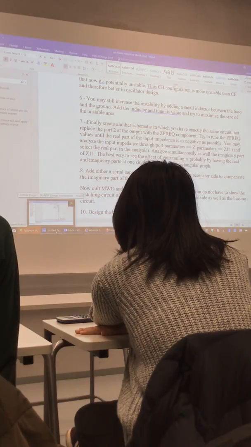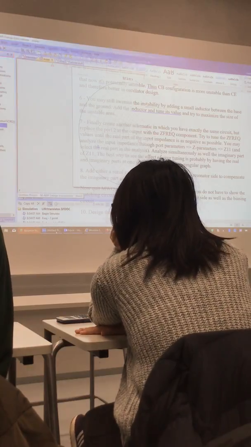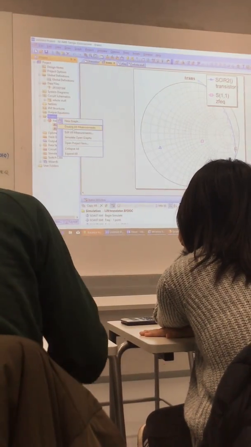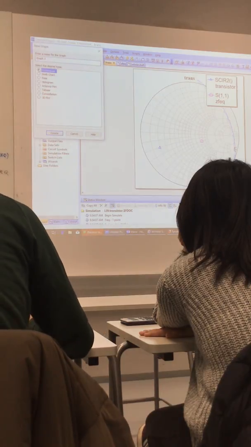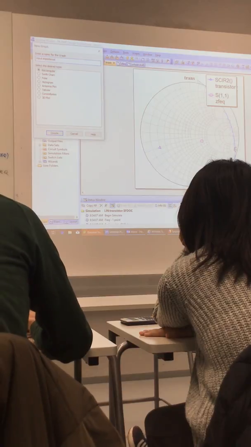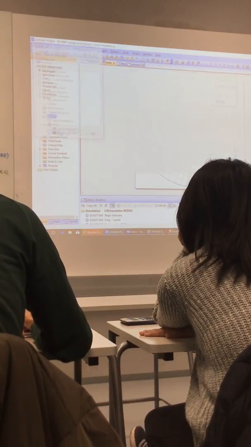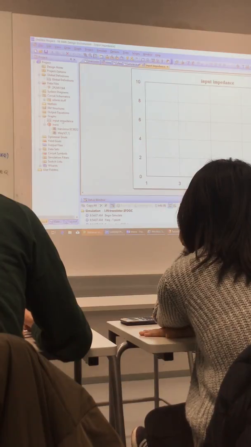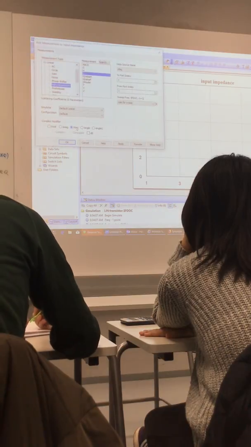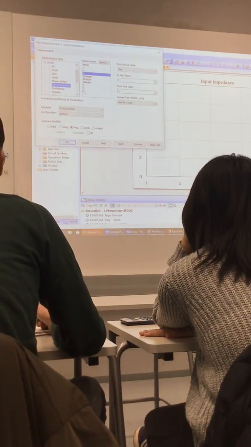And it said that it's easiest to do by having a rectangular graph. I'll add a rectangular graph, new graph, rectangular, called input impedance. I create. And then I add a couple of measurements to that. Add measurement port parameters, but now Z parameter. Z11 is the input impedance.